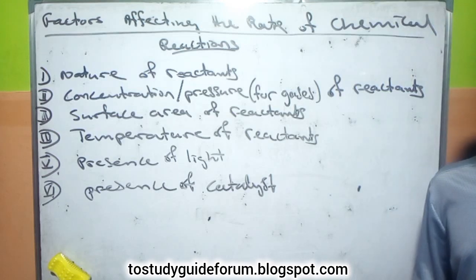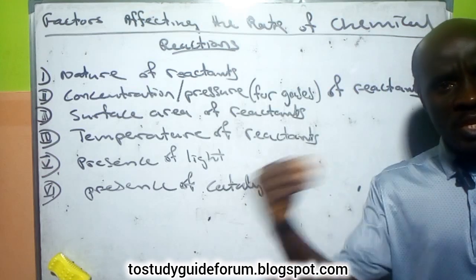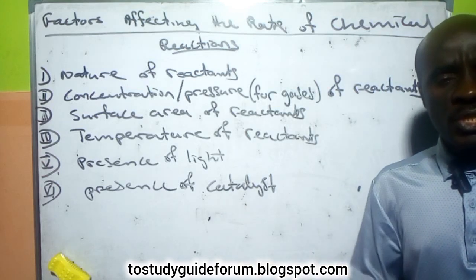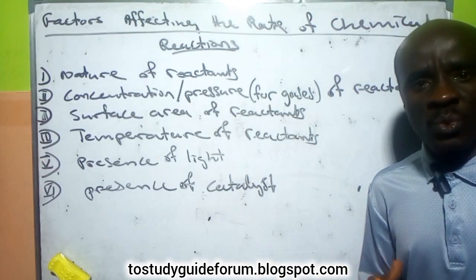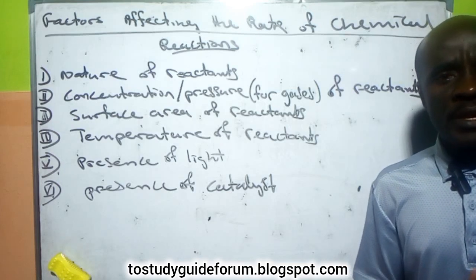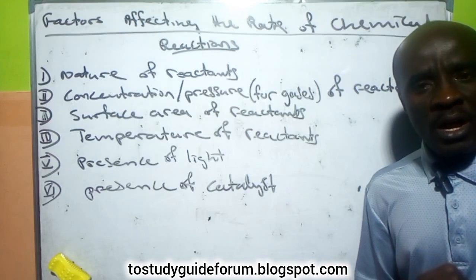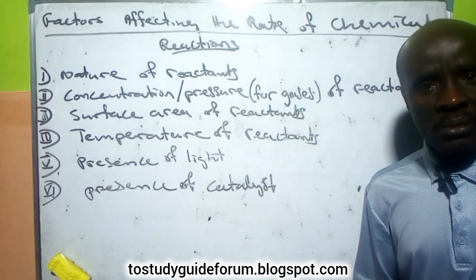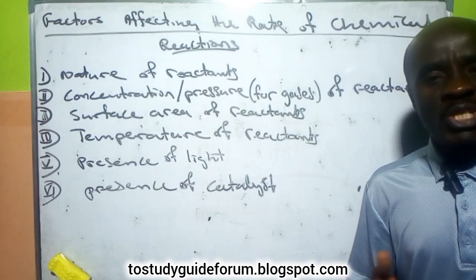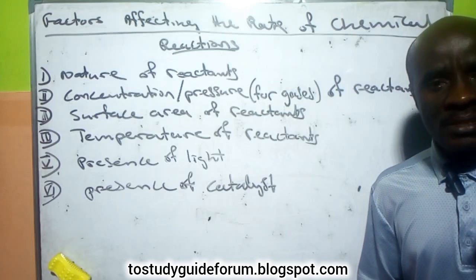When we talk about rate of chemical reaction, all we are dealing with is the changes per unit time. That is to say, change in the quantity of the product per unit time, or change in the quantity of the reactant per unit time.